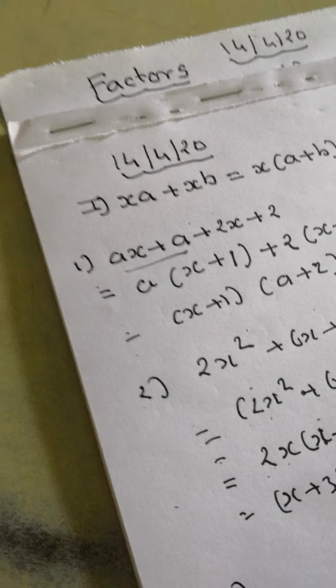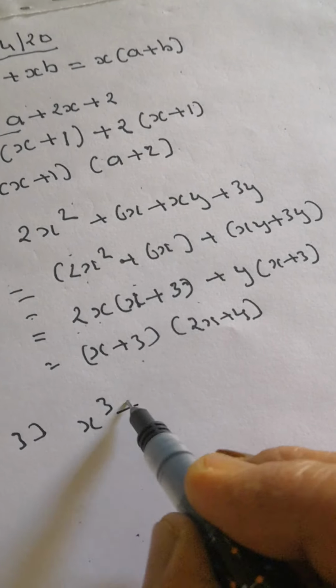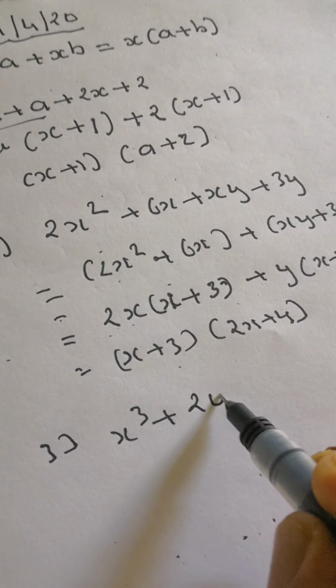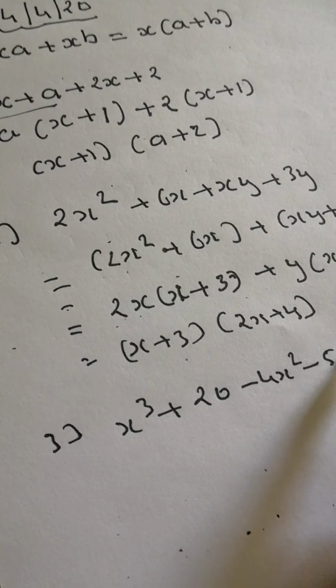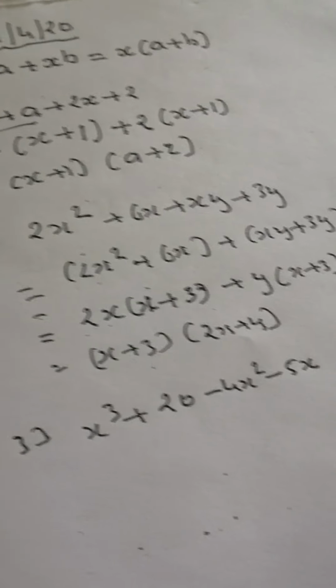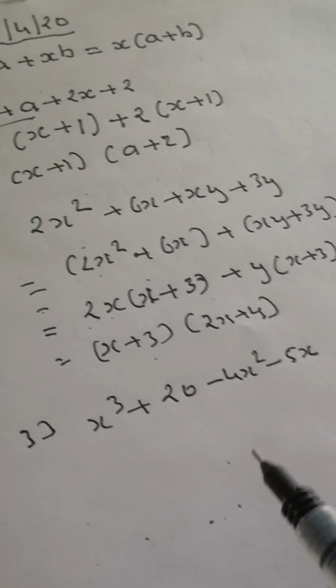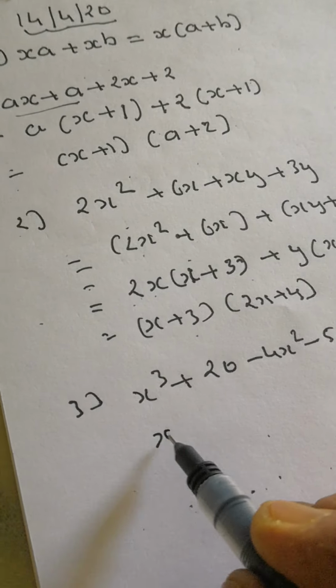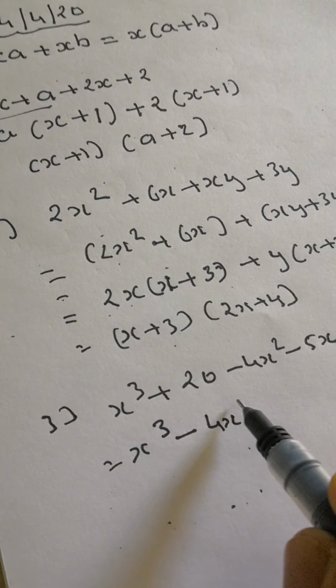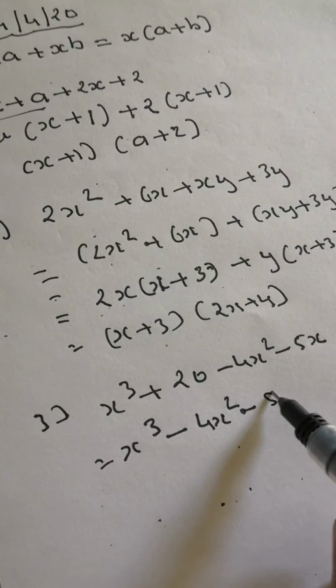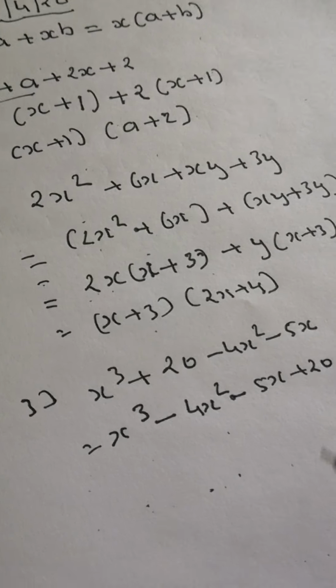Question number 3 is x cube plus 20 minus 4x square minus 5x. Here again the terms are not in order, so I am arranging them: x cube minus 4x square minus 5x plus 20.